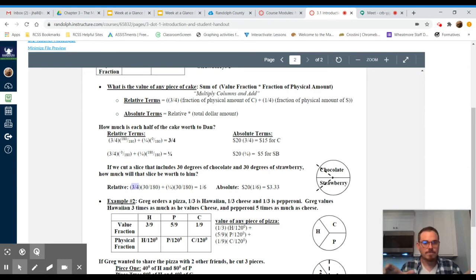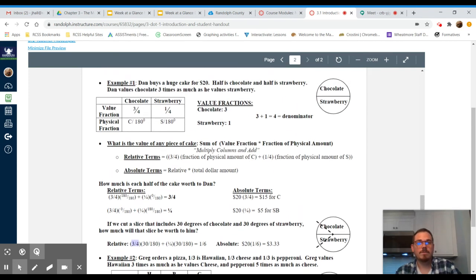So if I have both of those pieces of cake, that would be worth a sixth of the entire cake. So the absolute would be 20 times 1/6, which is $3.33. So if I had both of those pieces of cake, I've got $3.33. That's what I paid for it. Not that bad.